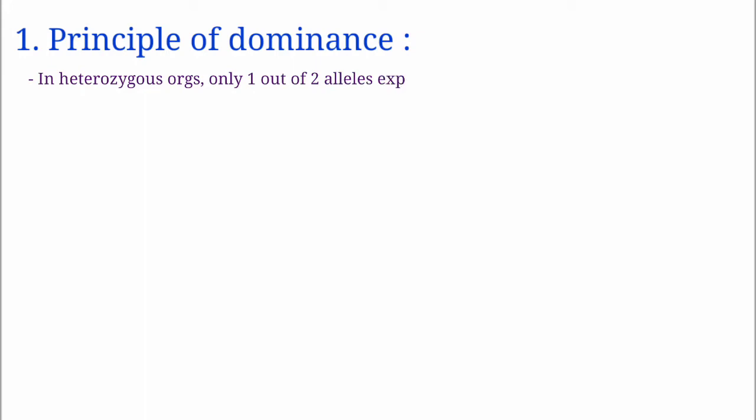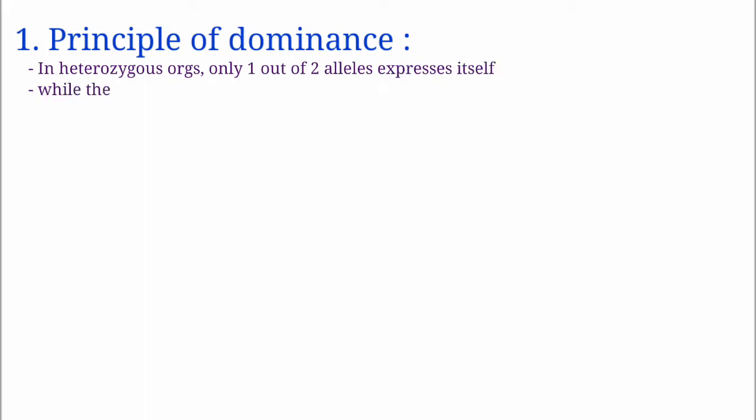In the previous explanation, it has been taught. So, in heterozygous organisms, only one out of the 2 alleles expresses itself. That is the dominant trait, while the other remains hidden. That is the recessive trait. So, this is about principle of dominance.